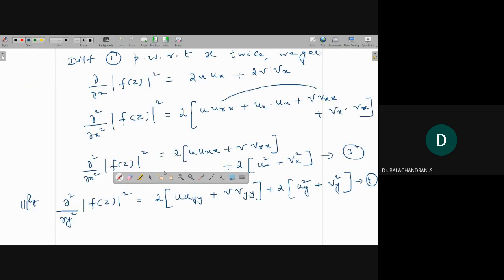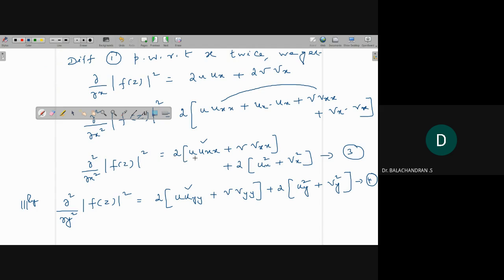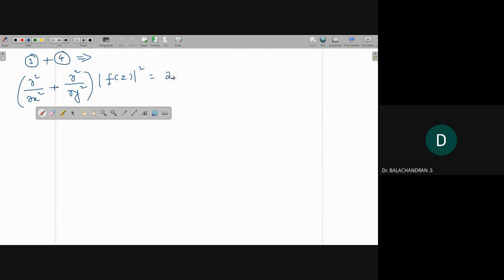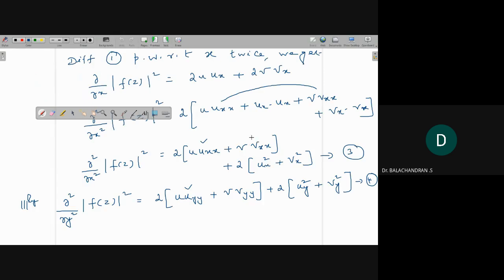Right hand side, you should add like this. You should add these two terms first. If I take these two, I will take 2u common. Remaining is uxx plus uyy. So 2u into uxx plus uyy. Similarly, if I add these two, 2v into vxx plus vyy.